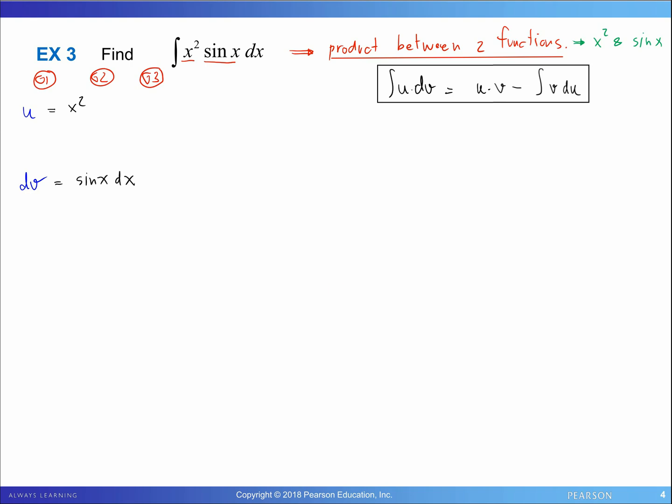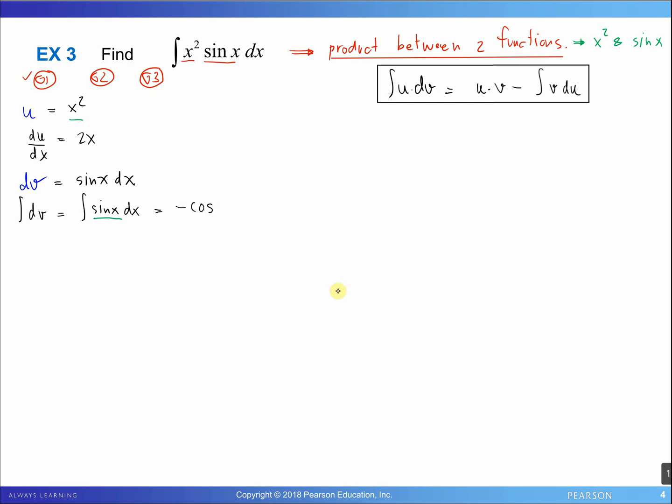Let's check g1. Let's differentiate u with respect to x. Differentiating this, we get 2x. So u can be differentiated. g1 is satisfied. Check. Now let's integrate dv equal to integral of sine x dx. Now the antiderivative of sine x, we get minus cosine x.